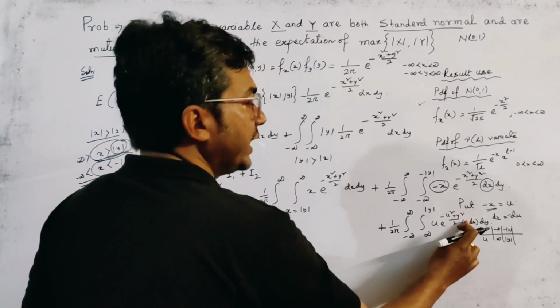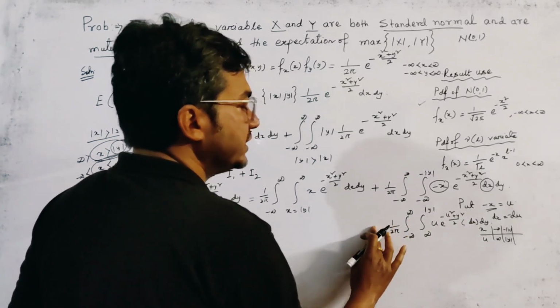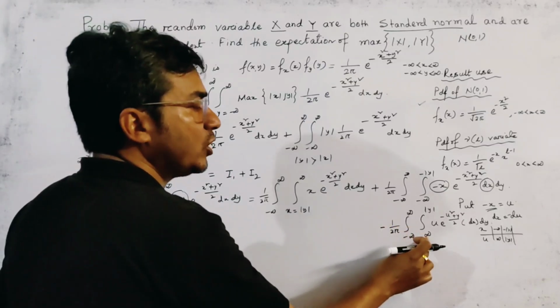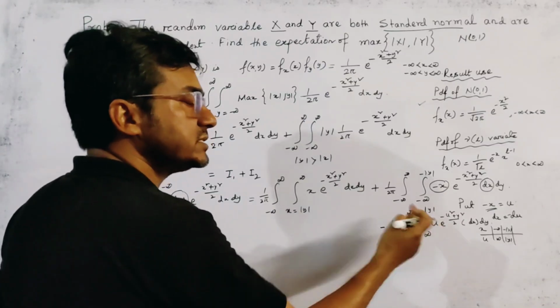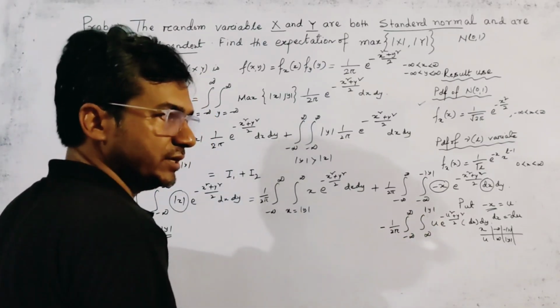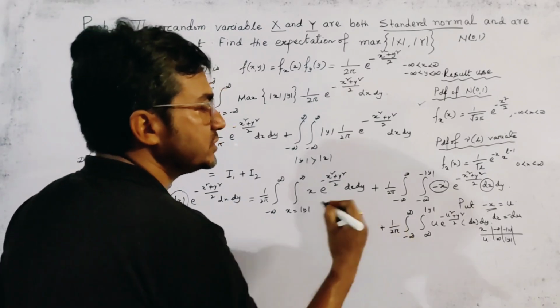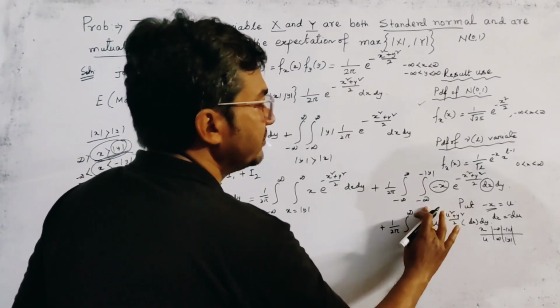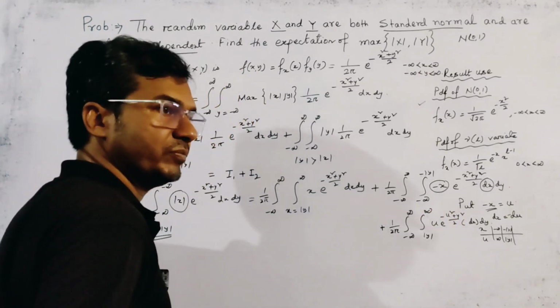And now we write this minus outside the integration, and if we change the limit of this integration by adjusting with this minus, then we get again plus and this is mod y to infinity, right?